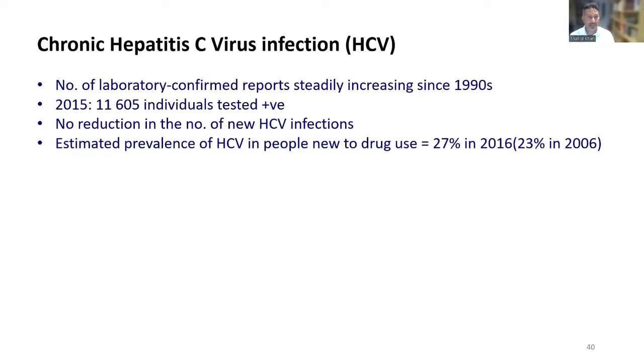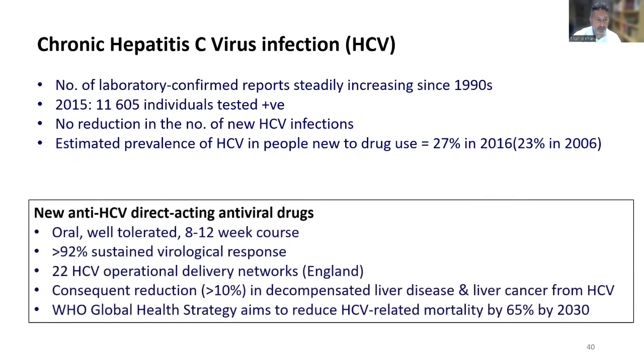Hepatitis C used to be the biggest cause for hospital admissions and transplant, but since the advent of new directly acting antiviral drugs, which have been phenomenal, with almost a 95% cure rate after a few weeks of treatment, hepatitis C related mortality and decompensation has significantly gone down.